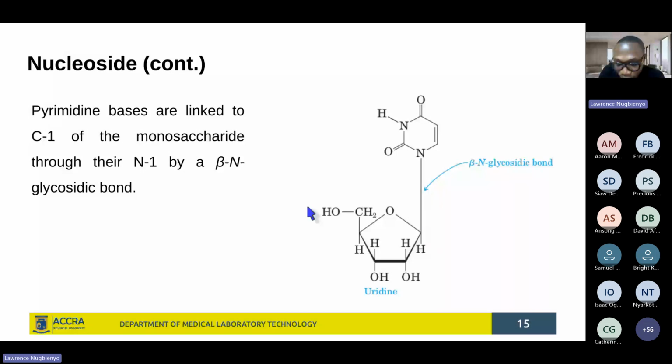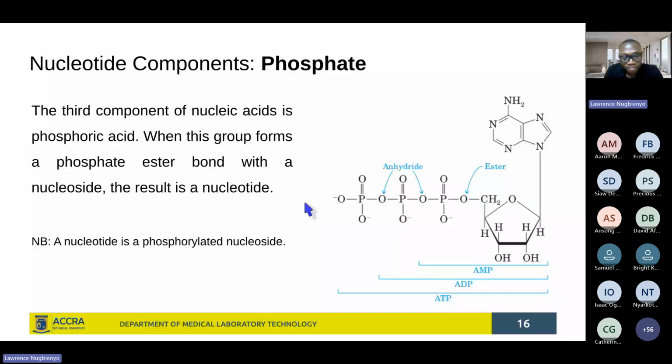Great. Now, we can move on and now go to look at the nucleotide, where now you have phosphate group, the phosphate group that is being attached.